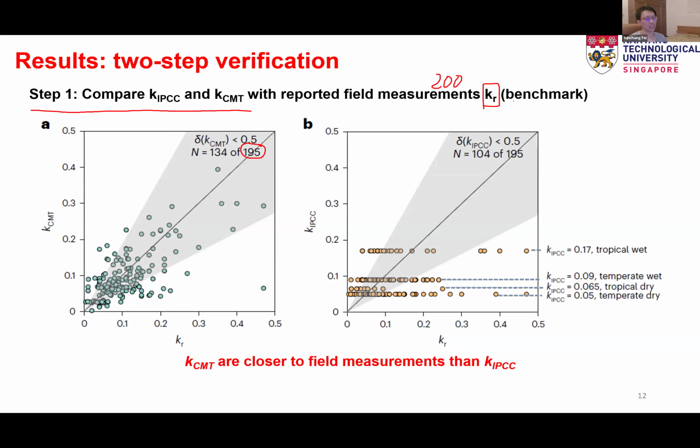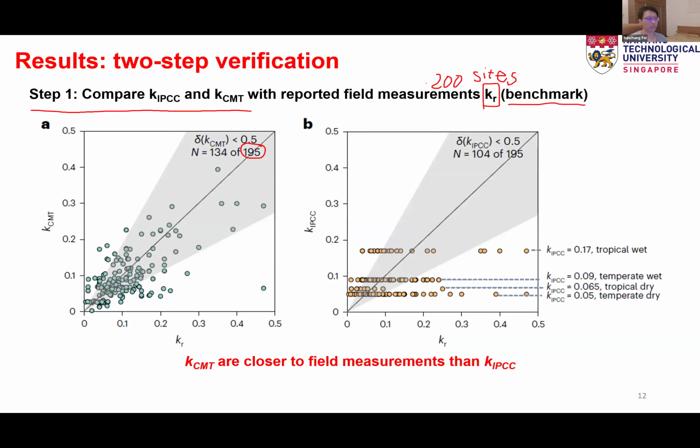And then we consider these KR values to be the benchmarks or the baselines, meaning they are the most accurate values that we can get for these 200 landfills or dump sites. And then for these 200 sites, because we know where they are, we can also get their site information, including disposal rate, the climate zone, and also the operation condition, right? If it's a landfill or if it's a dump site.